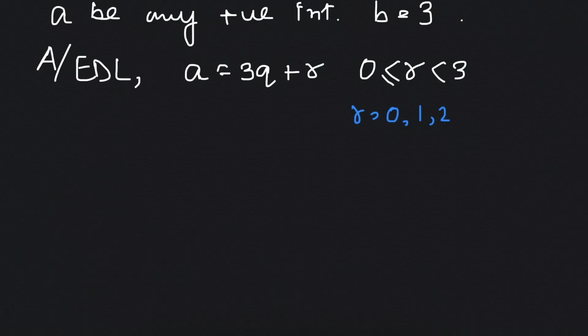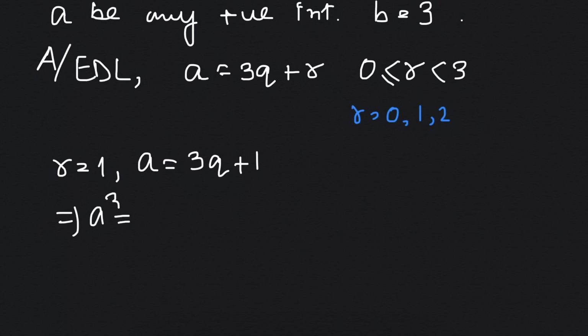Now putting again r is equal to 1, we have a is equal to 3q plus 1. Again cubing both sides, we have a cube is equal to 3q plus 1 whole cube.